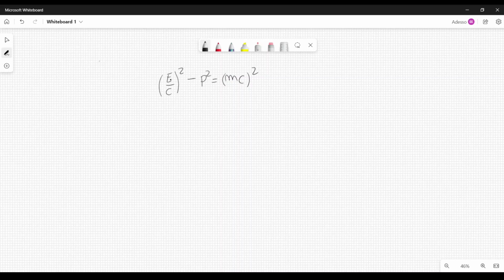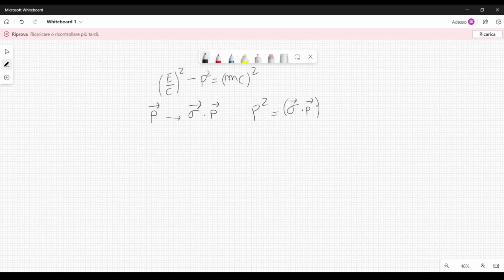Now, to take into account spin, first we have to replace, for momentum, the vector of Pauli matrices sigma, taking the dot product with p. We can do this since p² is equal to (σ·p)², and you can check the video before this one to prove this relation.